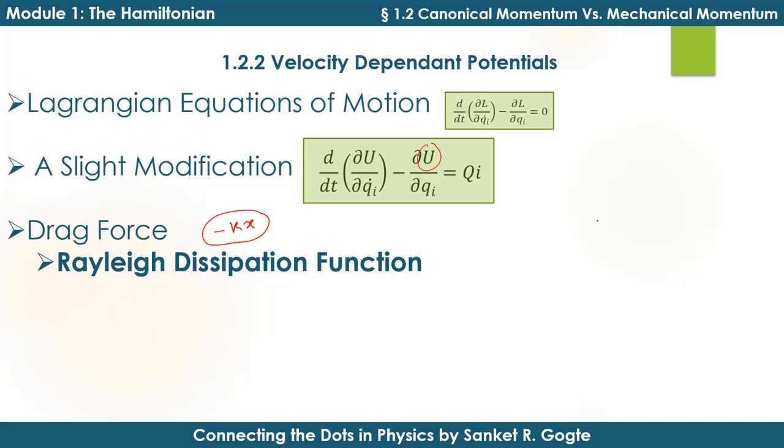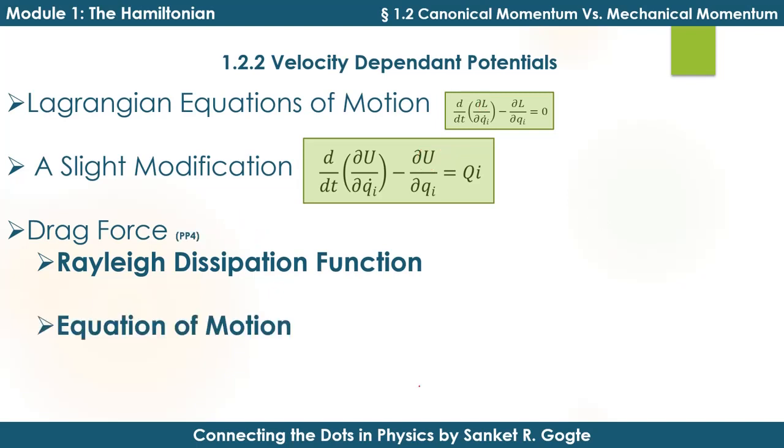Note that q, which are generalized coordinates, may not have the dimensions of length, but L always has the dimensions of energy. So we have to write this force in such a way that it can be used in Lagrangian, and for that we have to get a function which can give us this force. That can be done with Rayleigh's dissipation function.